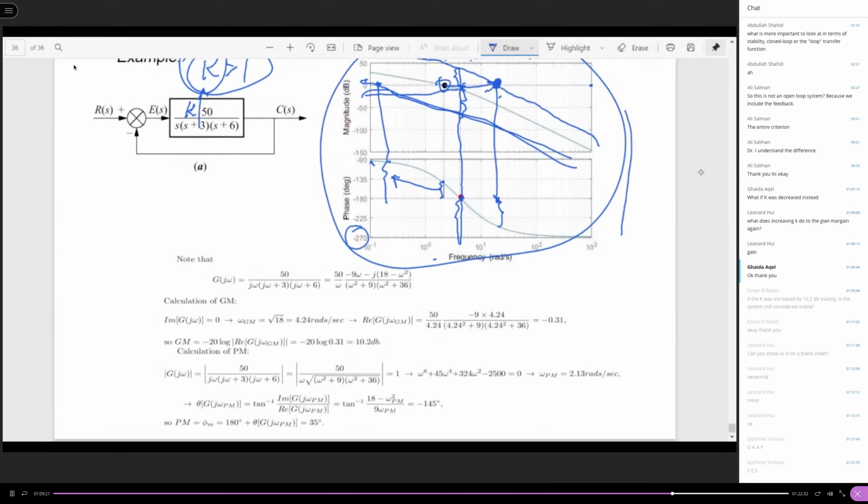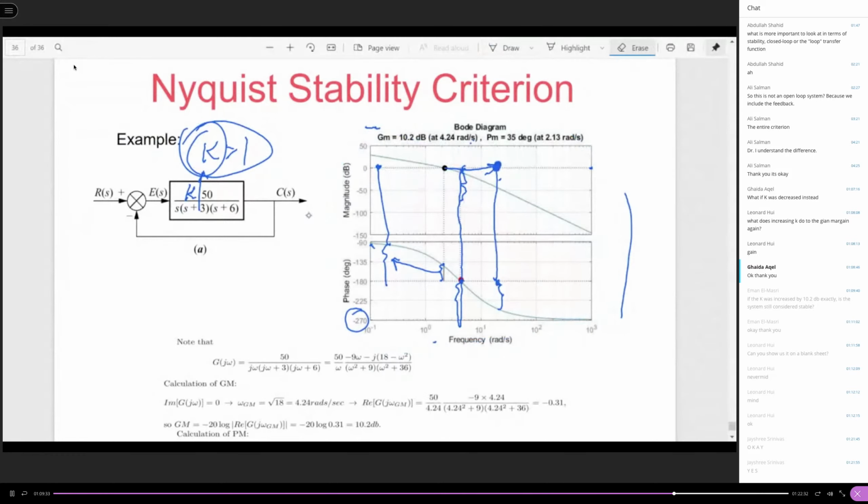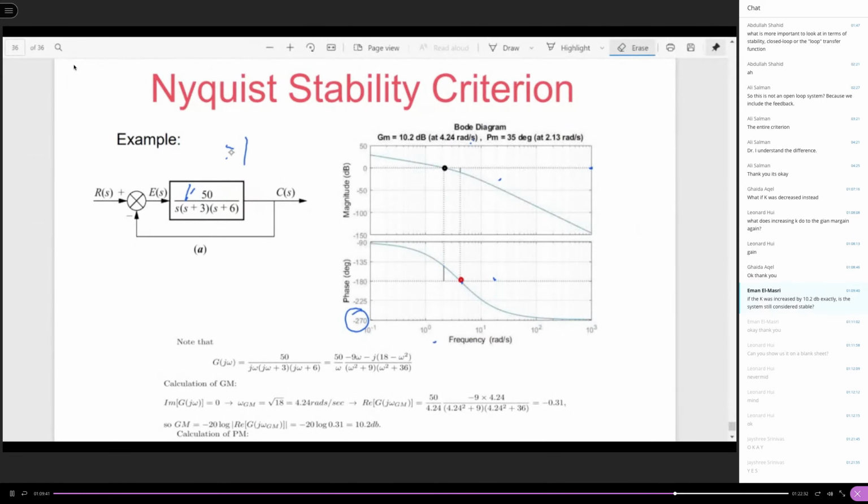Now here I'm telling you one way to calculate the phase margin and the gain margin numerically. This way here is graphical: you have the expression of the open-loop system, you can get the Bode plot, and then you can identify the gain margin crossover point and the phase margin crossover point on the plot, right?